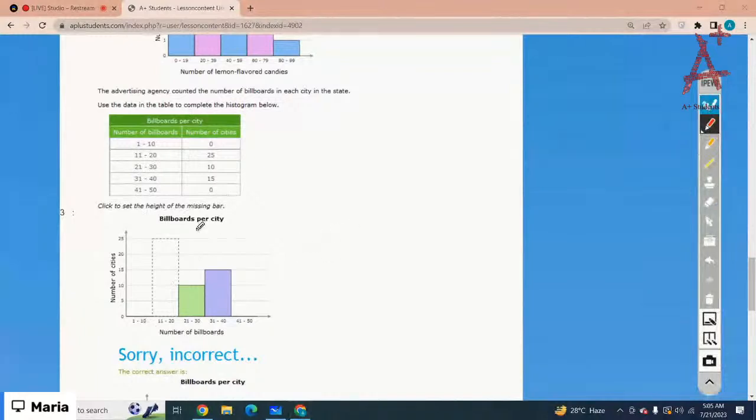So just add a bar with the height 25. Here it is. So here is the complete graph for the given data.